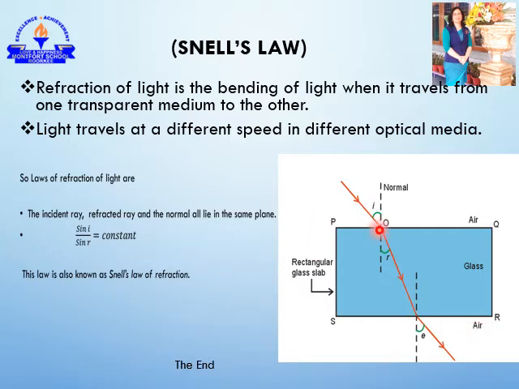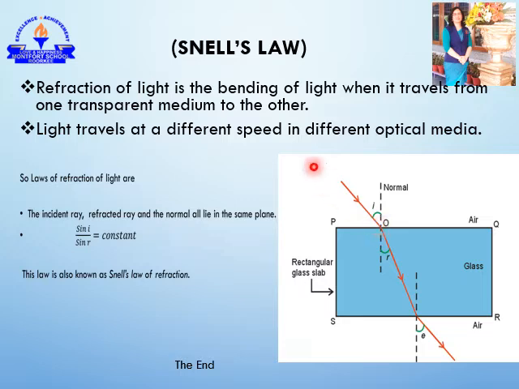Here at this point O, we have drawn a normal. A normal is a line which is drawn at an angle of 90 degrees to the given surface. So the surface is PQ and the normal is drawn to this surface at point O.